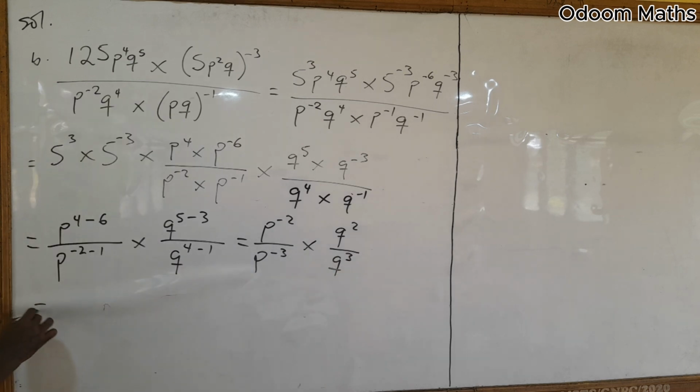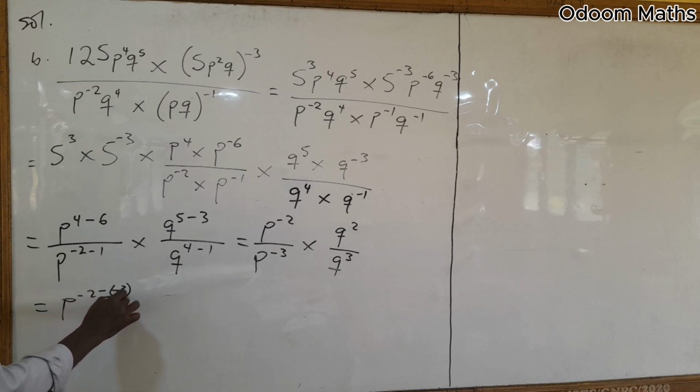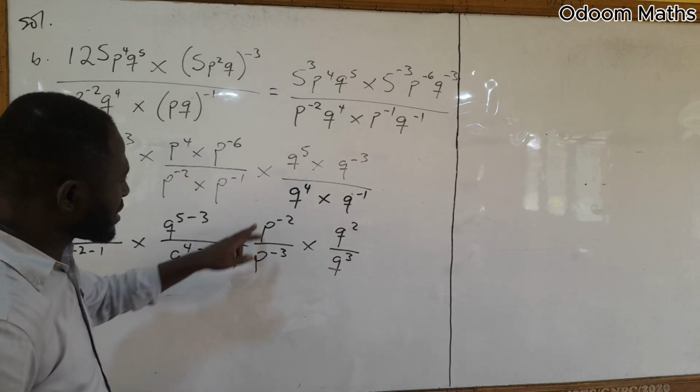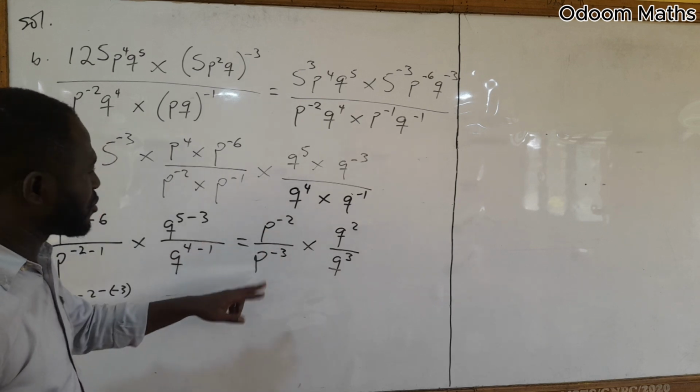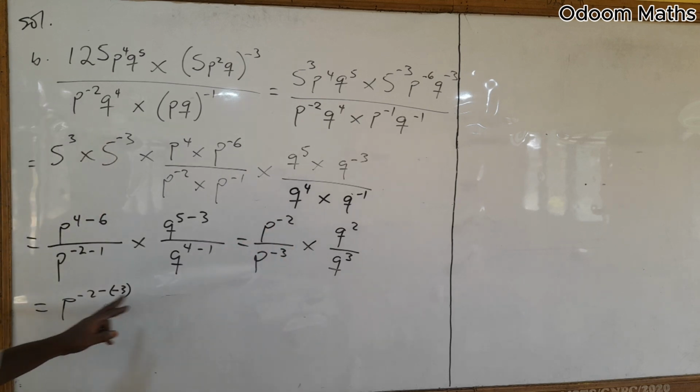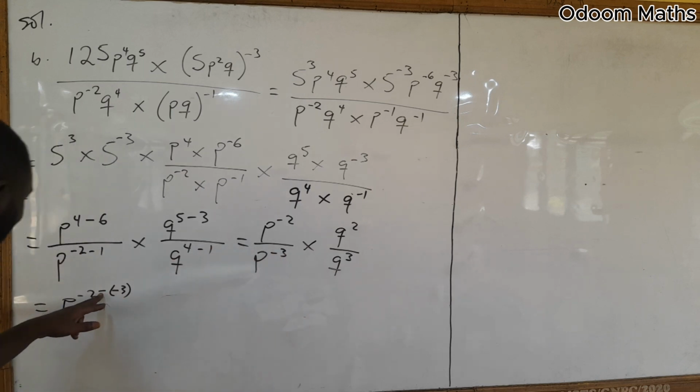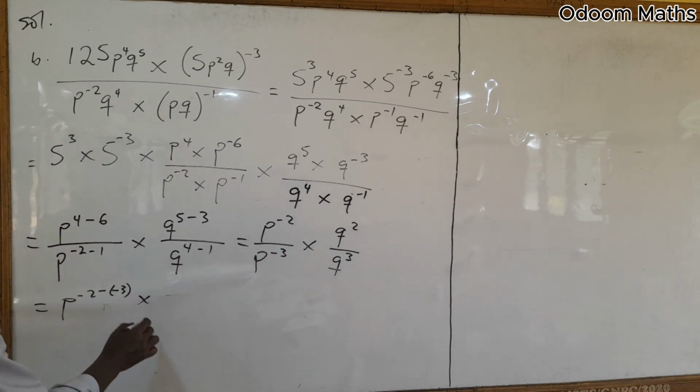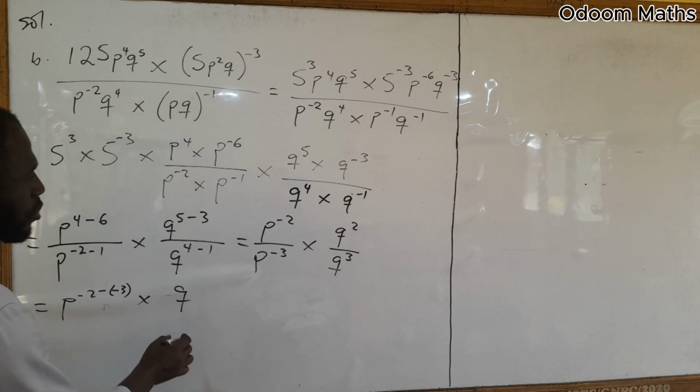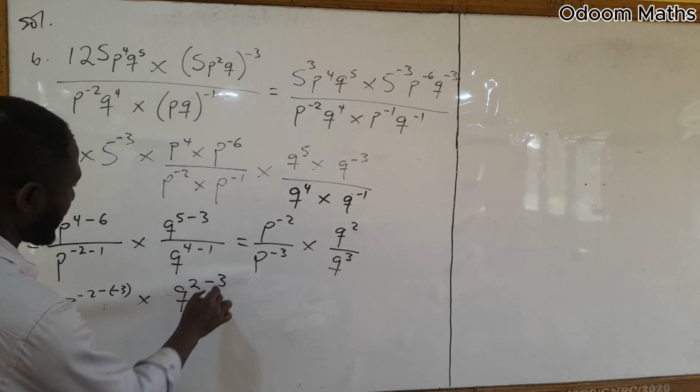So that is p to the power negative 2 minus negative 3. They have the same base dividing, so we subtract powers. So negative 2 is already there, and then because they are dividing, minus, then there's negative 3 also here. Okay, then times q, also 2 minus 3.